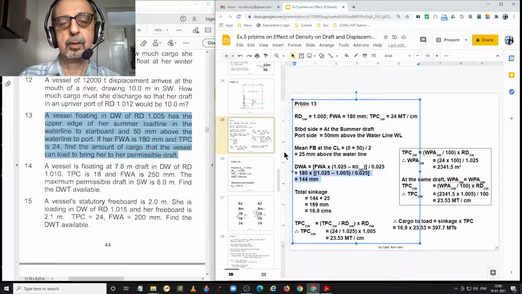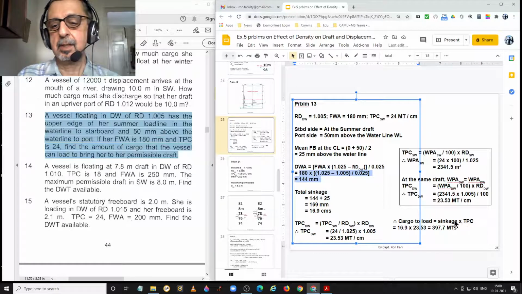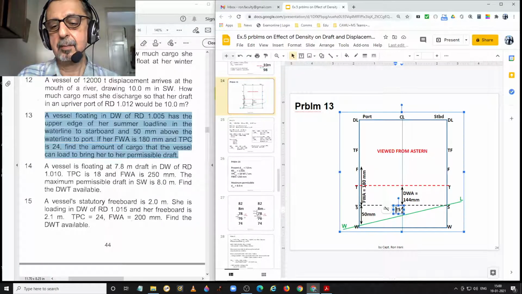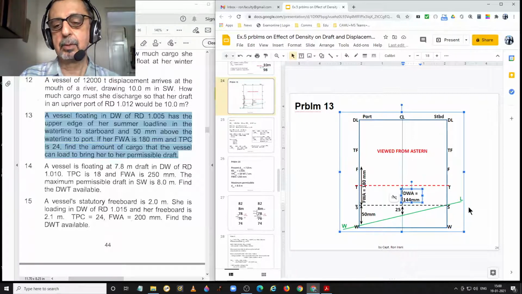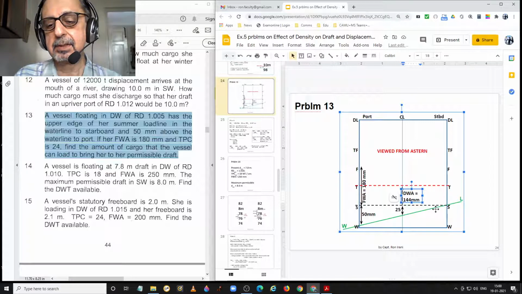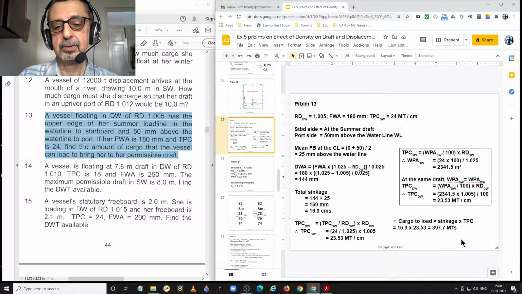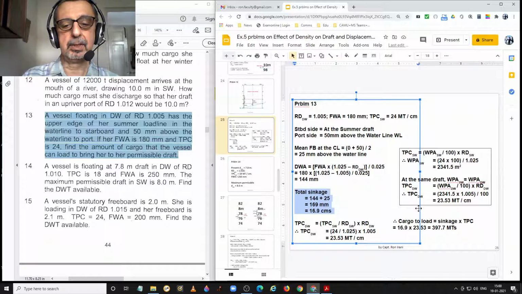Therefore, the total sinkage now is equal to 25 millimeters plus 144 millimeters equal to 169 millimeters equal to 16.9 centimeters. Okay, total sinkage is equal to 16.9 centimeters.